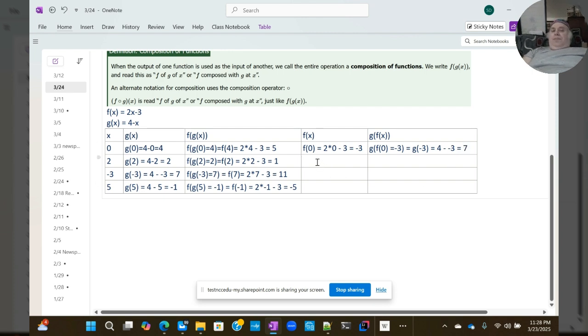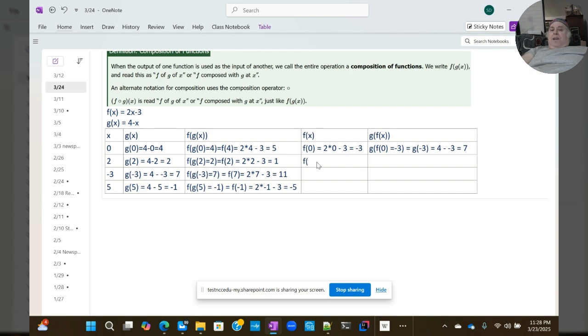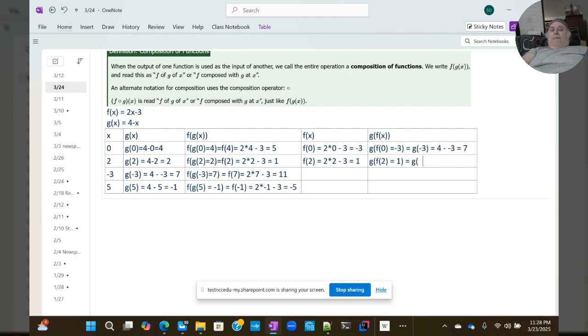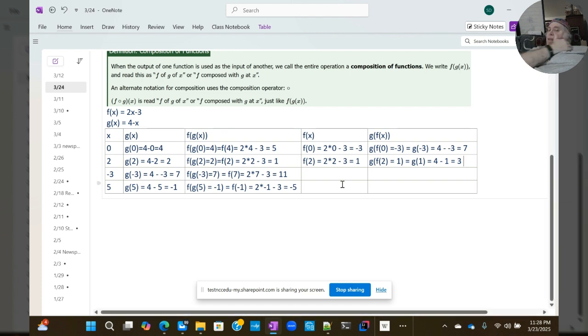Now let's try g of f of 2. So this was 5, this is 7. f of 2 equals 2 times 2 minus 3 equals 1. g of f of 2 equals g of 1, which equals 4 minus 1, which is 3. So this one gave me 1, and this one's giving me 3. Which order we do, g or f first, gives very different numbers.